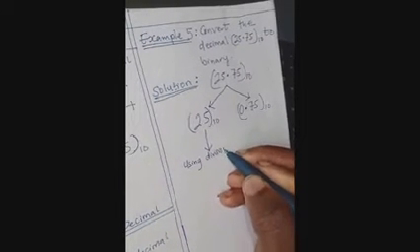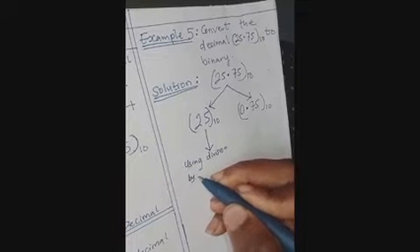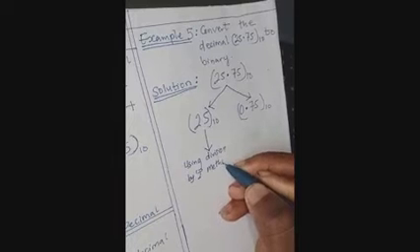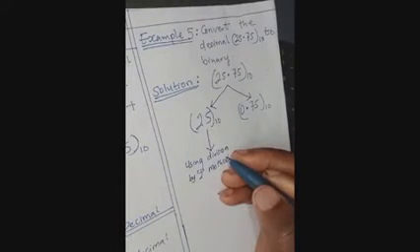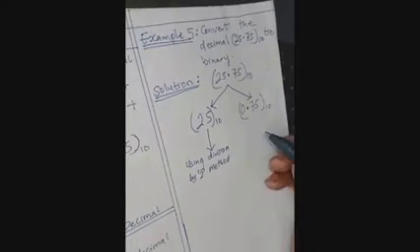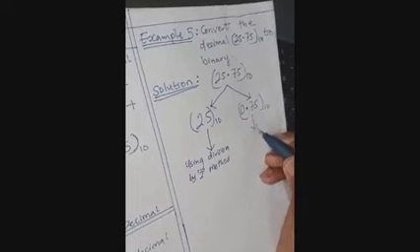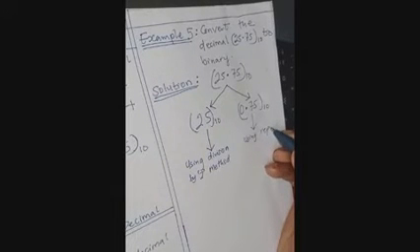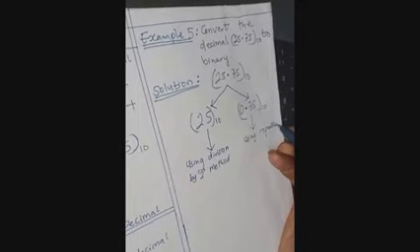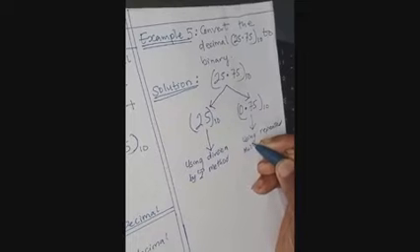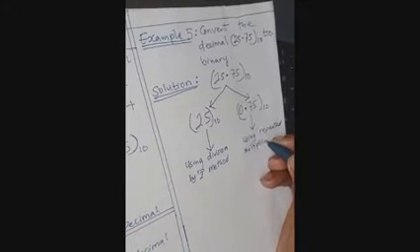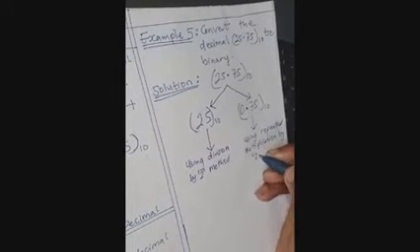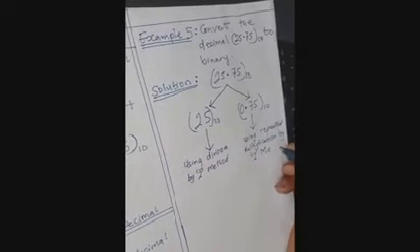We're going to solve this part using the repeated division by 2 method, and you will solve this other part using the repeated multiplication by 2 method.